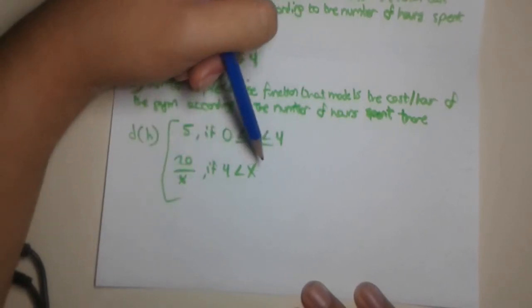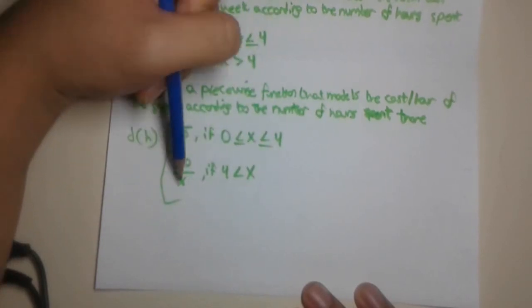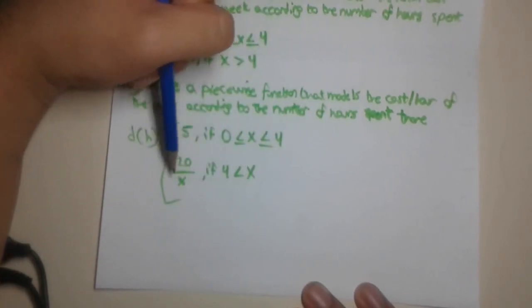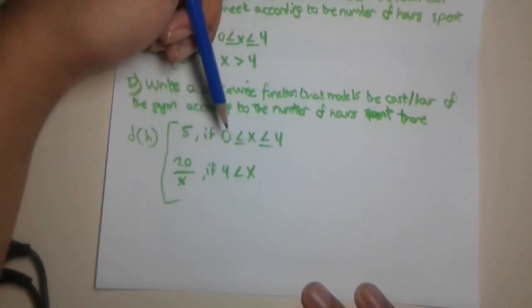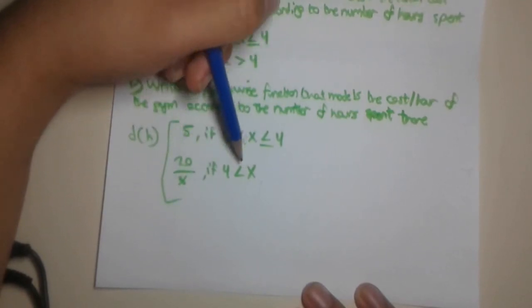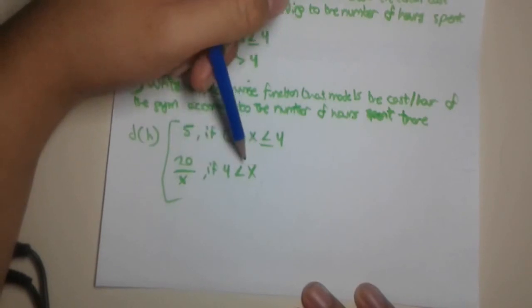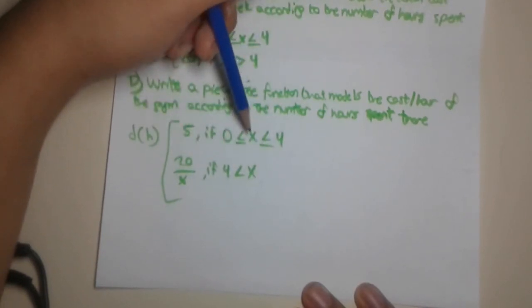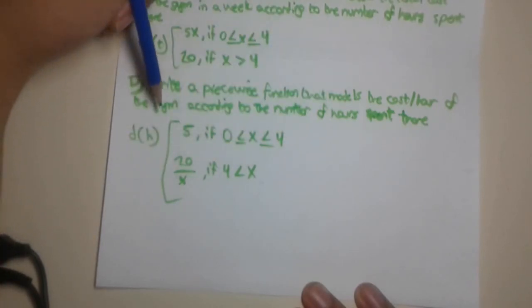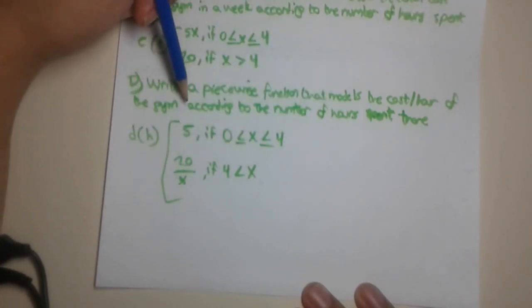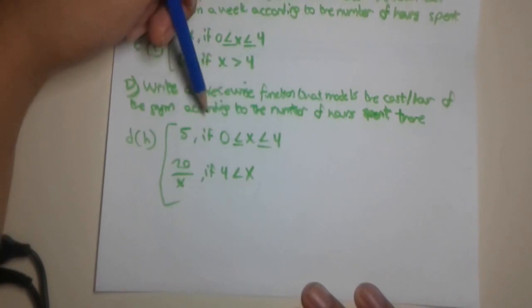So for example, x is 5. 20 divided by 5 will be 4. So you'll be paying $4 per hour if you're doing 5 hours there. So this is our piecewise function that models the cost per hour of the gym according to the number of hours spent there.